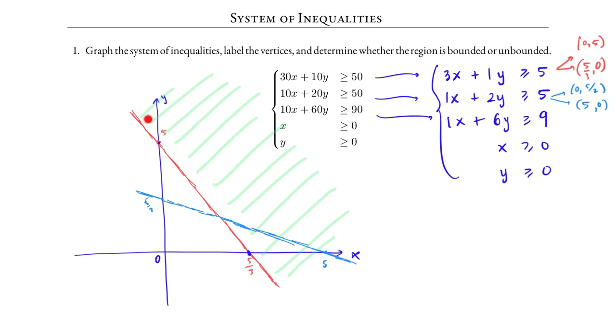Then we pick any point. Ignore the first graph. Just focus on the blue one only. This blue line separates the plane into two regions, one below the line and one above the line. To determine which region to shade, we pick the origin because the origin is not on the line. We test to see if the point 0, 0 is included in the solution region. 1 times 0 is 0, plus 2 times 0 is 0, and 0 is not greater than 5.